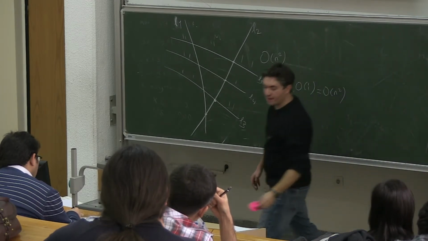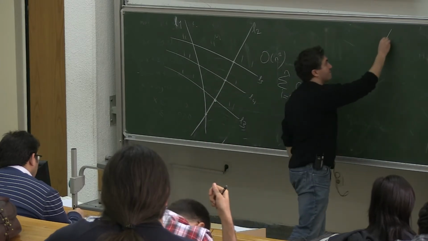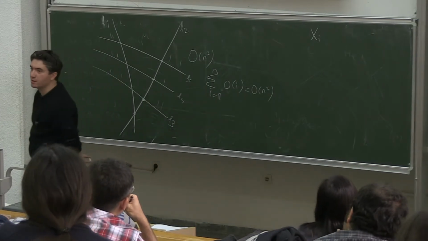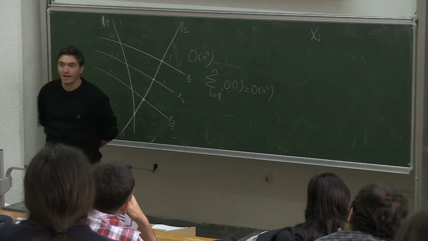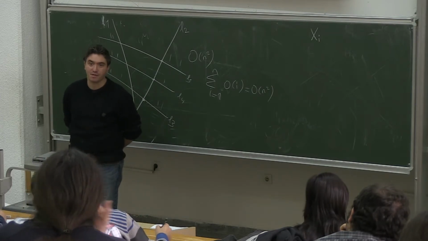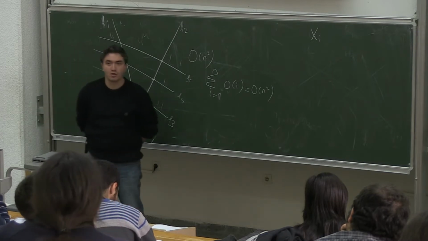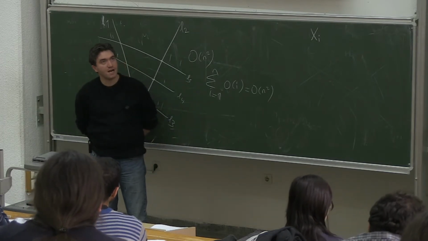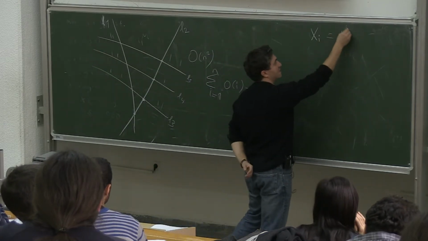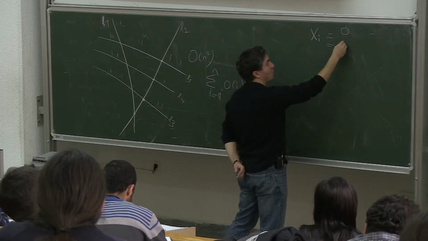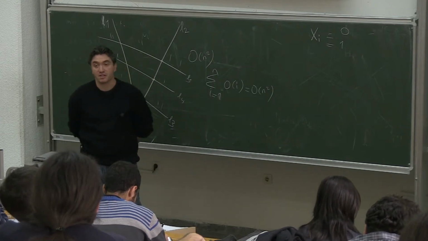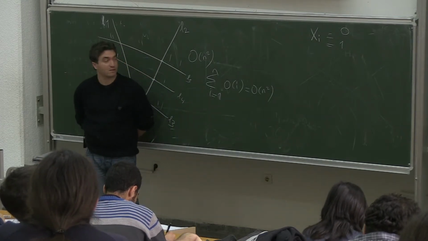Let's define a random variable, xi, which shows whether vi is an element of hi plus 1 or not. It's a discrete random variable, either 0 or 1. If vi belongs to hi plus 1, it's 0. If it doesn't belong to hi plus 1, it's 1.